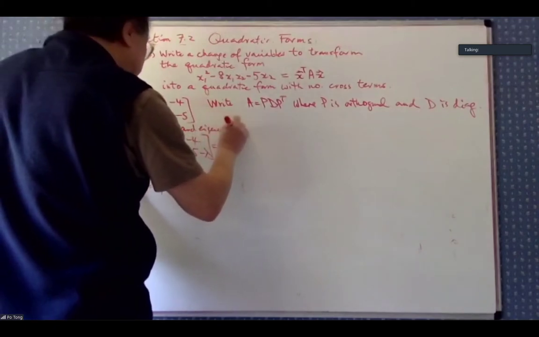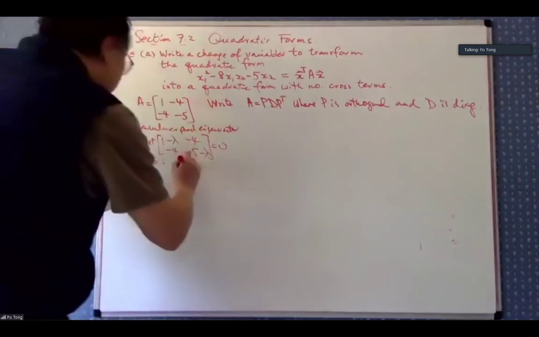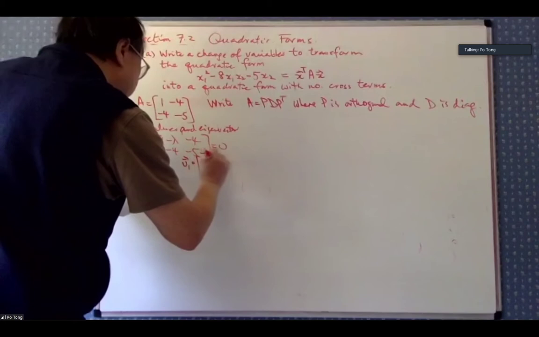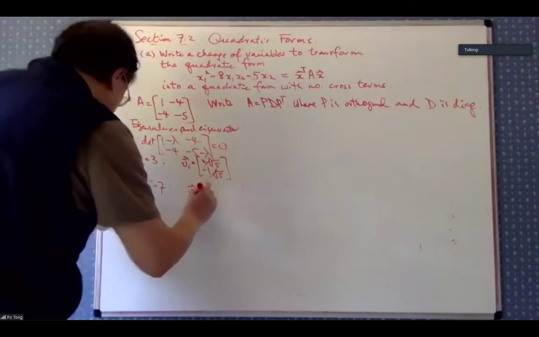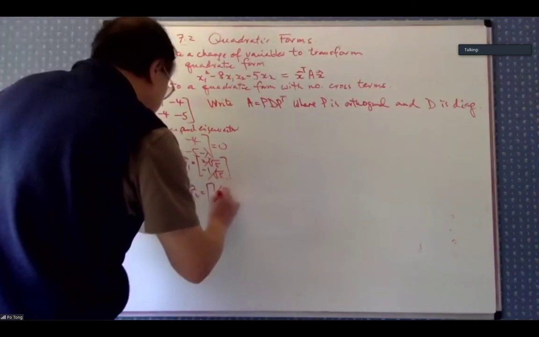We have V1 equal to 2 over square root 5, minus 1 over square root 5.